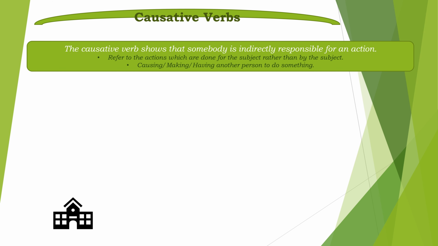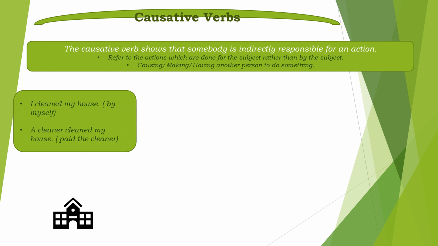Can you see an image of a house? If I say I cleaned my house, that means I cleaned my house by myself. I didn't take anybody's help. The action is done by the subject, I. But if I say a cleaner cleaned my house, that means I paid the cleaner to clean my house.